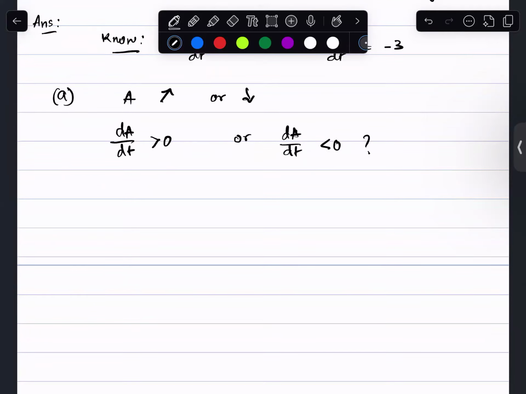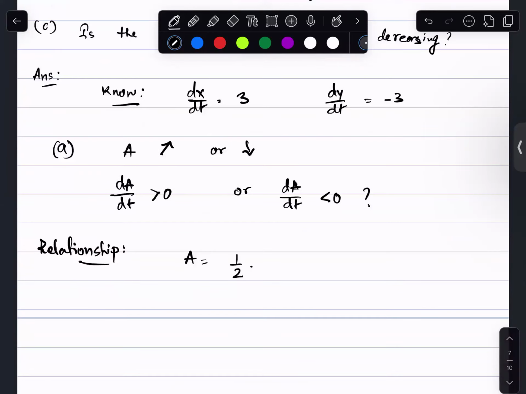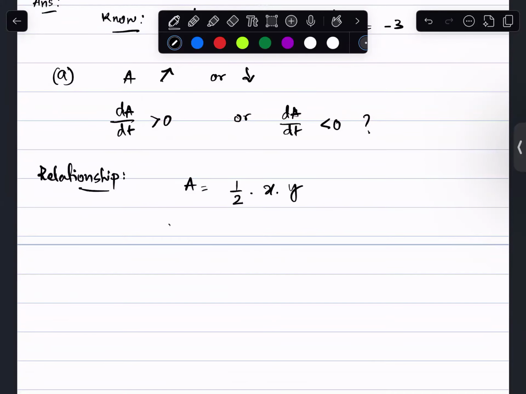Now, what is the relationship that I need to study? I know that the area of a right-angled triangle is half times the base times the height. So this is the formula. And now I can take the derivative with respect to t. This is like the product rule, f times g.